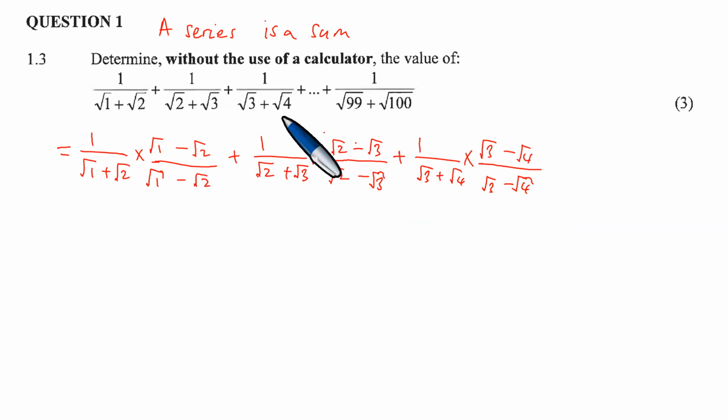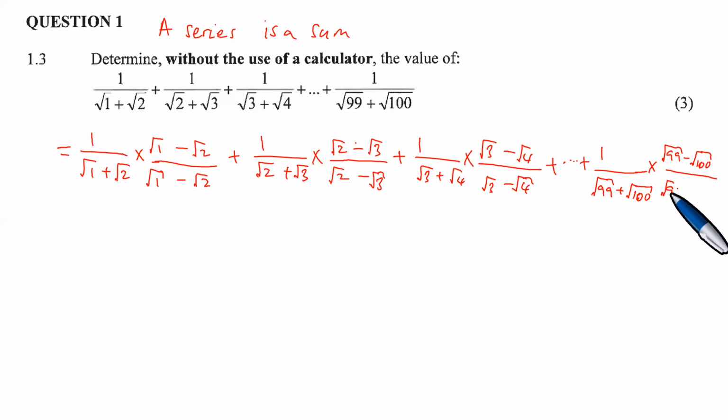Okay, so we continue. It's plus dot dot dot plus 1 divided by the square root of 99 plus the square root of 100. So this is the square root of 99 minus the square root of 100. We divide everything by the square root of 99 minus the square root of 100.